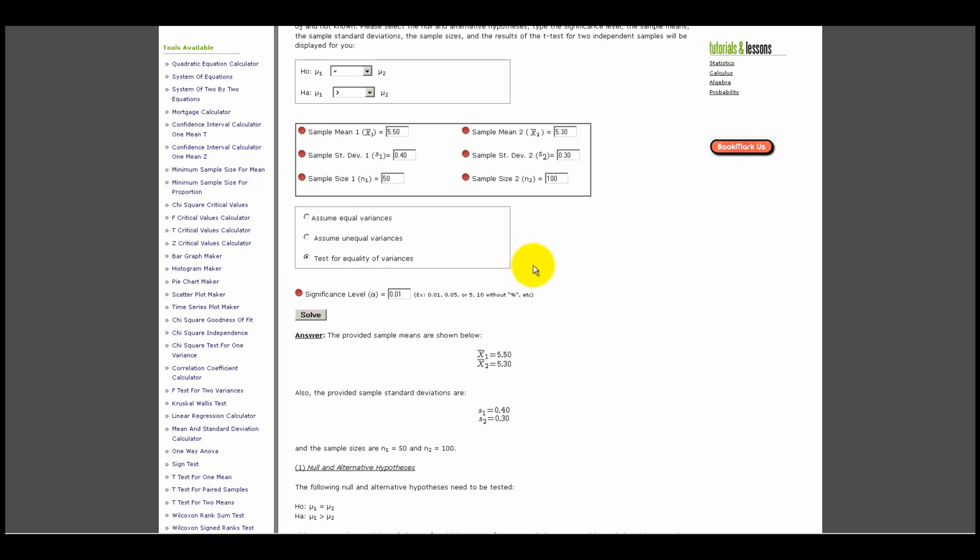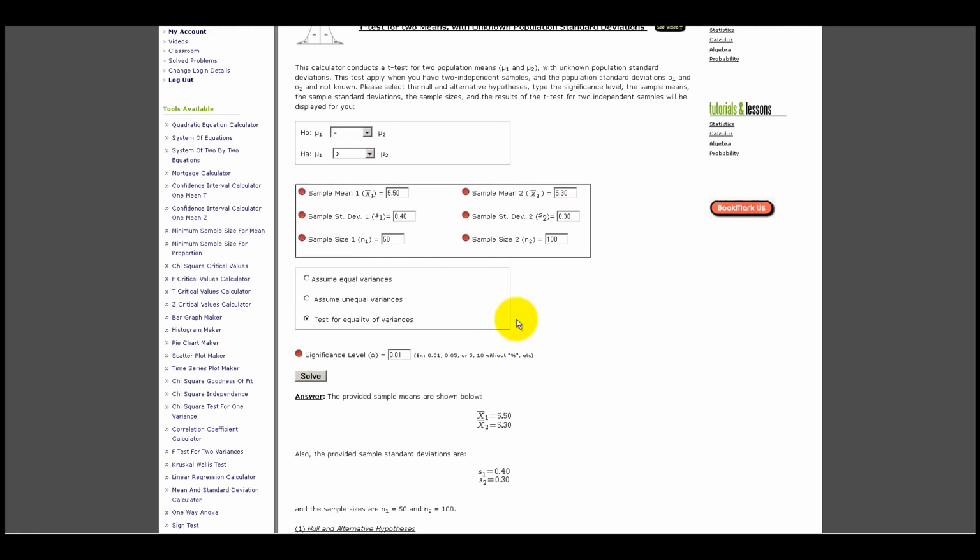Observe that if I wanted to test for equality of variances before, which is actually the correct way to do it, really, because before applying any type of t statistic, you need to know whether the population variances can be assumed to be equal or not. You could, if you want, test for the equality of variances.